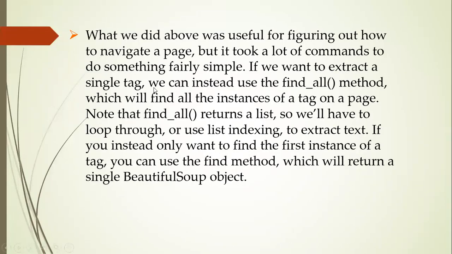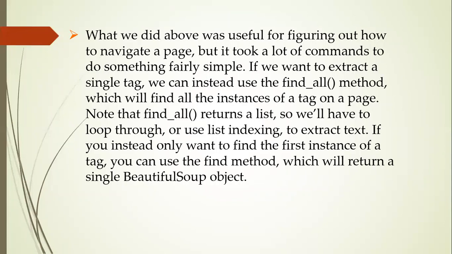What we did above was useful for figuring out how to navigate a page, but it took a lot of commands to do something fairly simple. If we want to extract a single tag, we can instead use the find_all() method, which will find all the instances of a tag on a page.